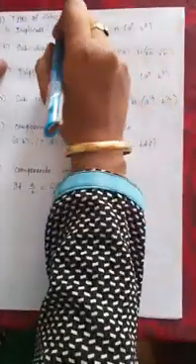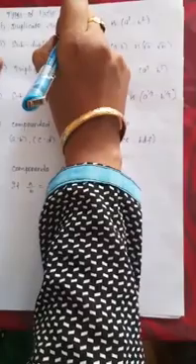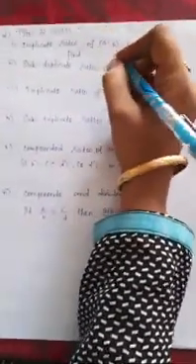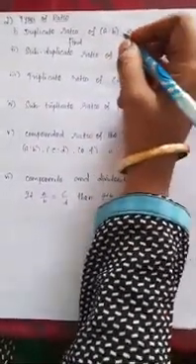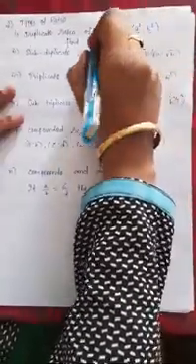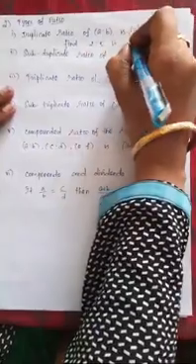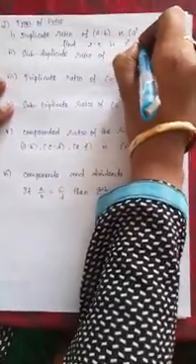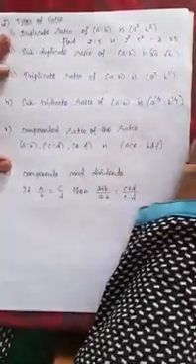The question is, find the duplicate ratio of 2 is to 5. It's nothing but 2 square is to 5 square, that is 4 is to 25.